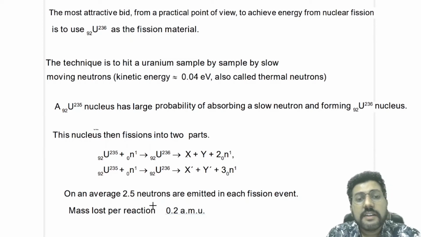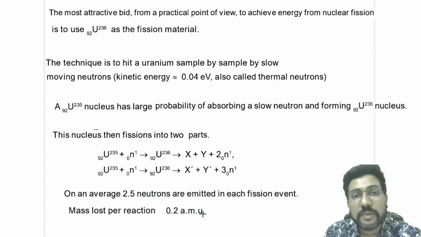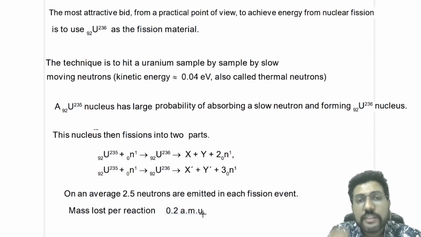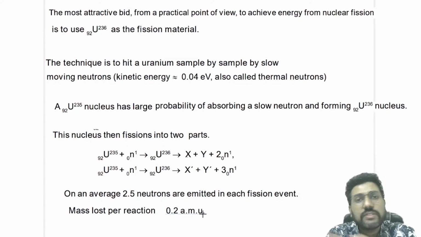Okay, and the mass lost per reaction is 0.2 AMU. So in one fission reaction, on an average, the mass lost is 0.2 AMU. So if mass lost is 0.2 AMU, then the energy released will be 0.2 multiplied by 931.5 mega electron volt. Why? Because 1 AMU into c square is 931.5 mega electron volt, right?